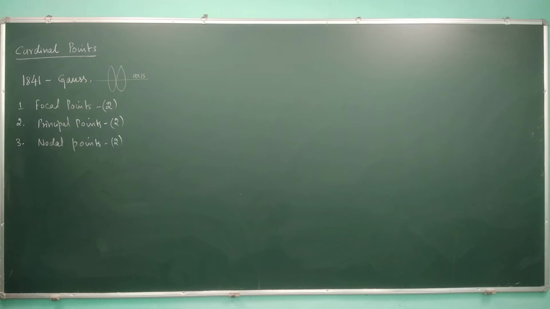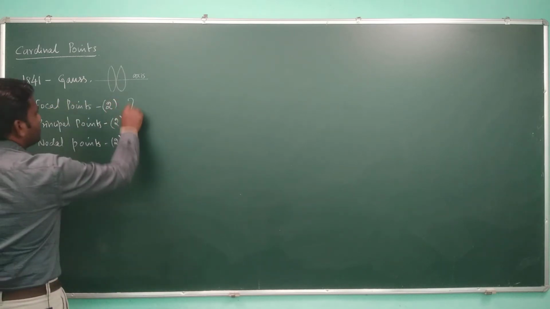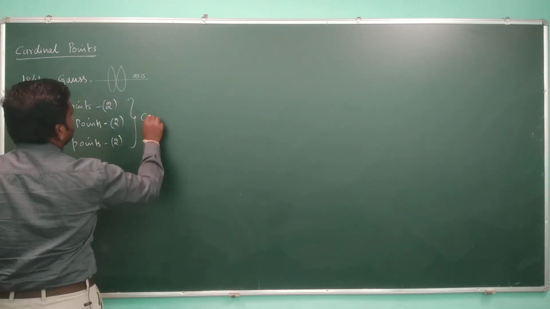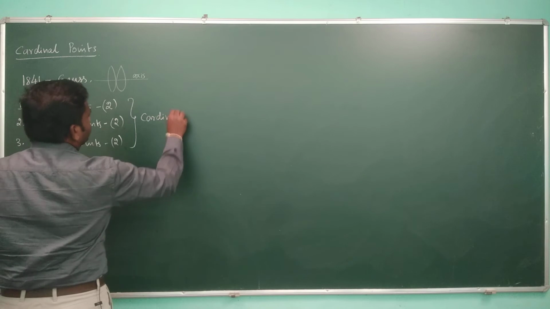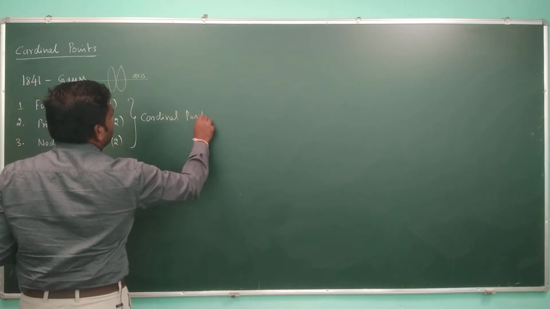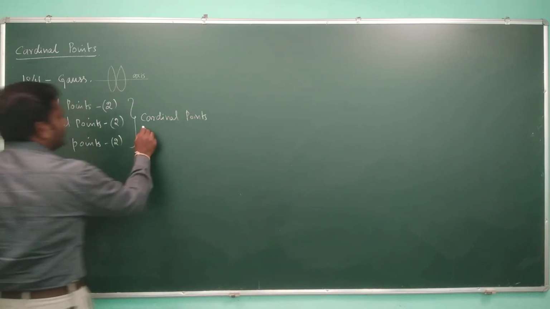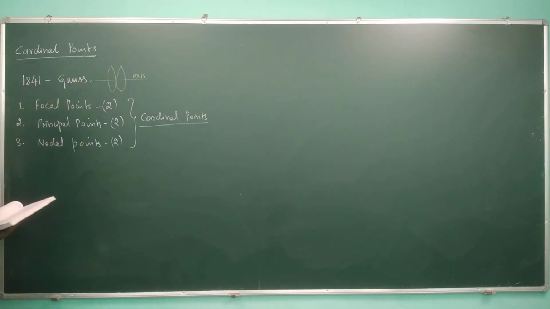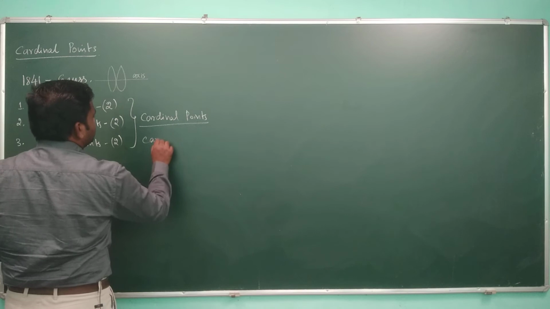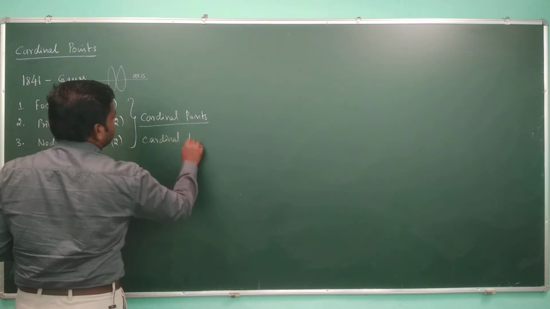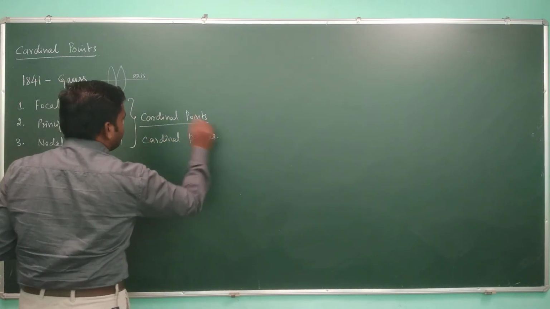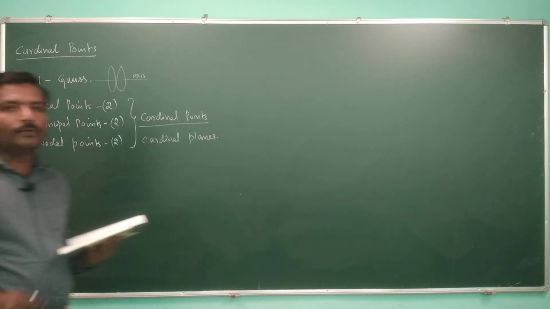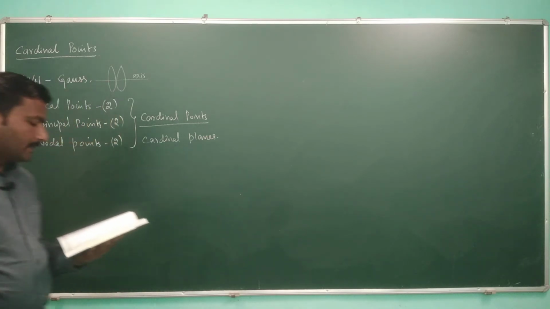That we are going to learn a moment later, but prior to that, these 6 points are called cardinal points, and the planes corresponding to these points are called cardinal planes. You will understand clearly once we draw the diagram.